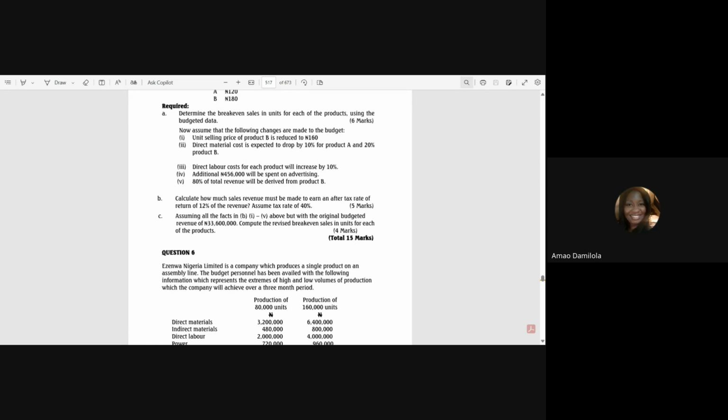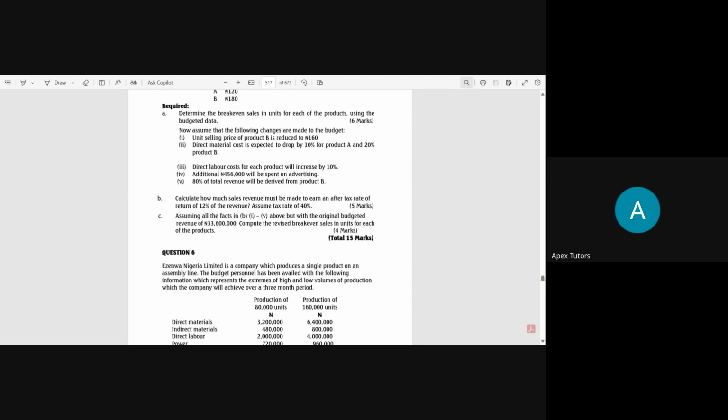I can see from the chat box, sales mix, the ratio will change. Yes. So now, they're already telling us the sales mix, the ratio of sales for product B is 80% out of the overall revenue, and for product A will be 20%.